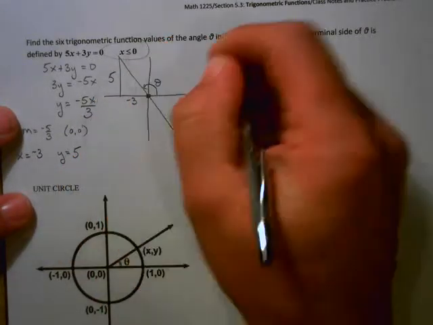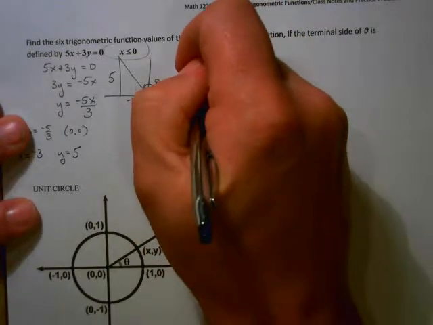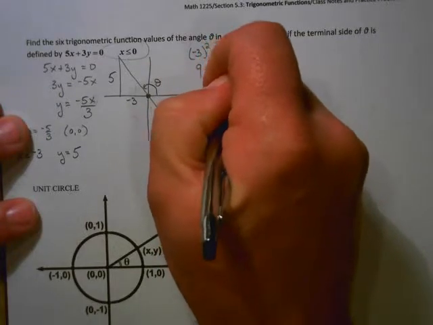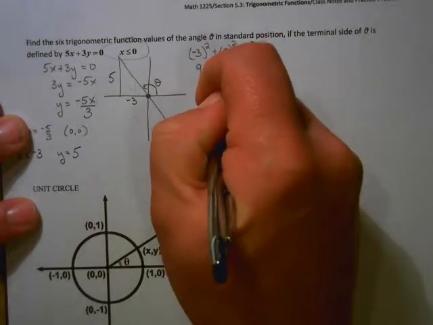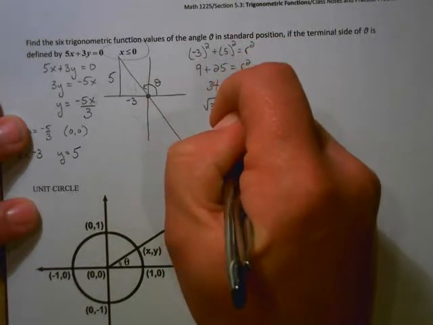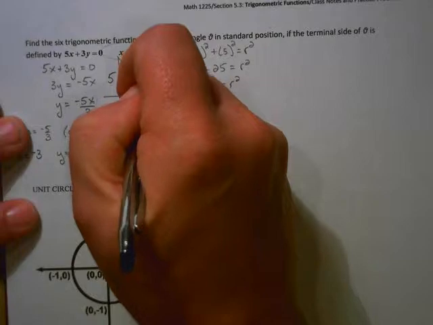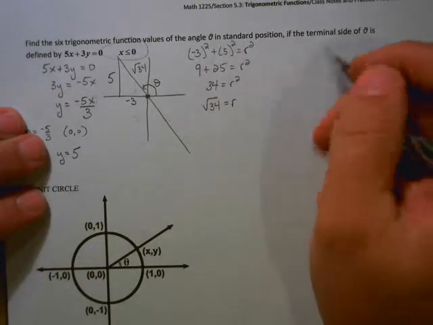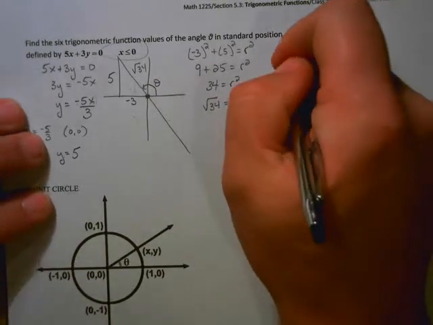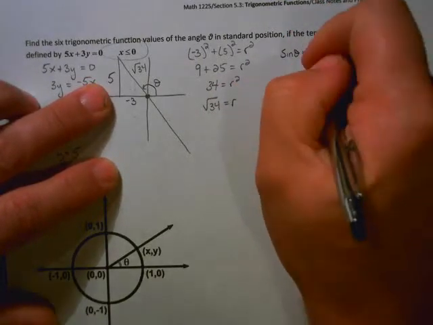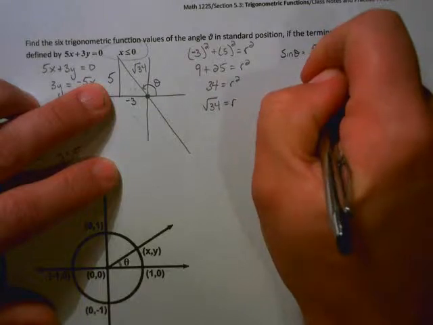Here's theta. So now negative 3 squared plus 5 squared equals r squared. 9 plus 25 equals r squared. 34 equals r squared. The square root of 34 equals r. So this is the square root of 34. So once I see a square root in there, I know I'm going to have to rationalize the denominator of some of these. Let's see, sine theta equals y, 5 over r.